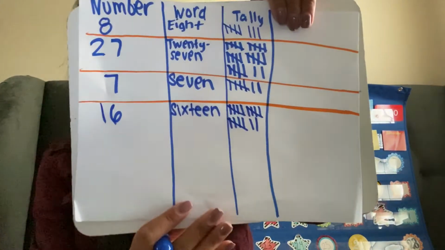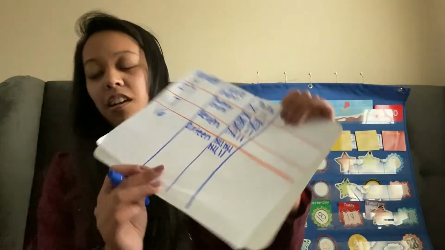So I'm going to go ahead and write 16 right here. And then I'm going to go ahead and write the word. And then count my tally marks. So 1, 2, 3, 4, 5, 6, 7, 8, 9, 10, 11, 12, 13, 14, 15, 16. Right there.